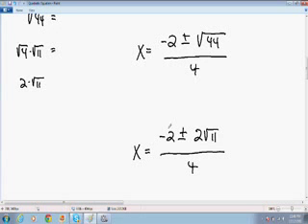We have 3 terms: negative 2, 2 square root of 11, and 4. And all 3 terms have a common factor of 2, because negative 2 can be divided by 2 easily, 2 square root of 11 can be divided by 2 easily, and 4 can be divided by 2 easily. Since they all have a common factor of 2, we need to simplify this even more.